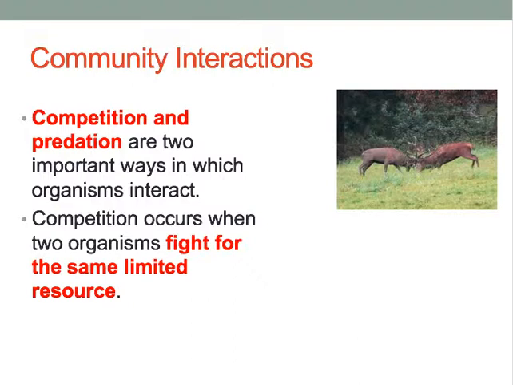These might be water resources, these might be habitat resources. So organisms compete for different things. They can be the same species or they can be different species, and competition happens on a regular basis. Predation is basically when one organism is eating another organism. So we'll talk a little bit more about those two.